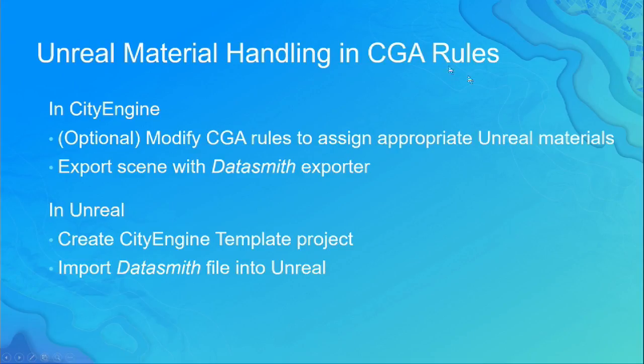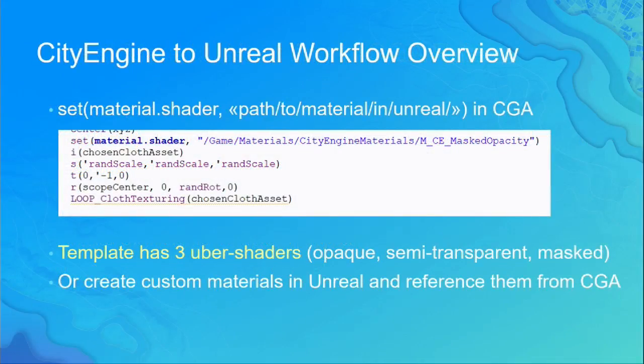What's also good is that at the very beginning you can, optionally, reference or assign shaders from Unreal in CGA. Here is quickly how this is done, just as a note. In CityEngine you have this material.shader, and you can set that.